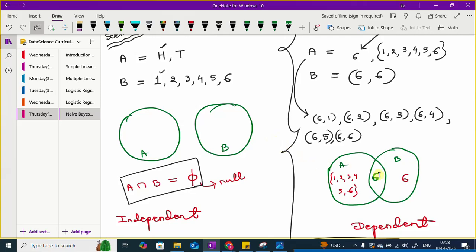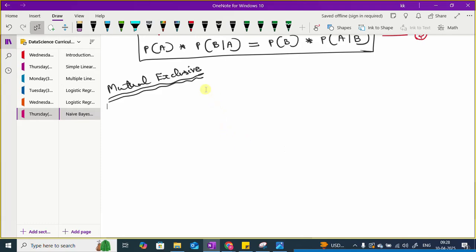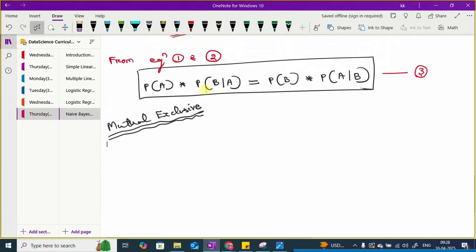If it is mutual exclusive, there is no common area between them, and A intersection B is equal to phi. Then in the case of mutual exclusive, probability of B given A is equal to probability of A given B, and generally that value is 0.